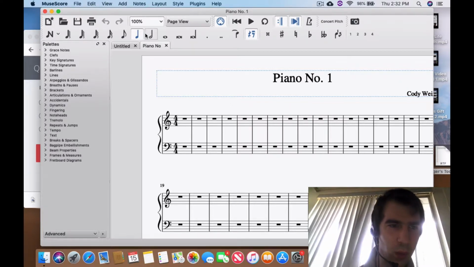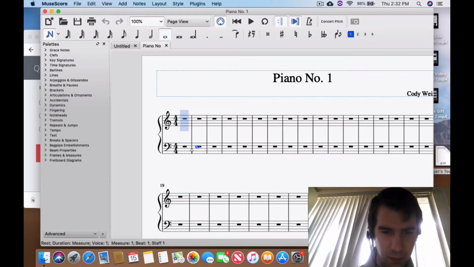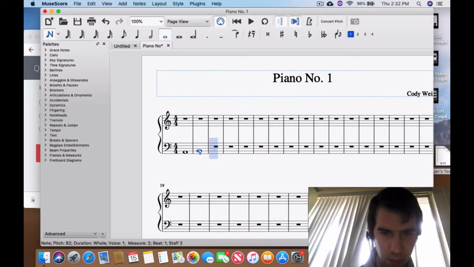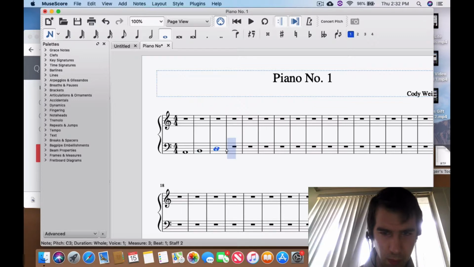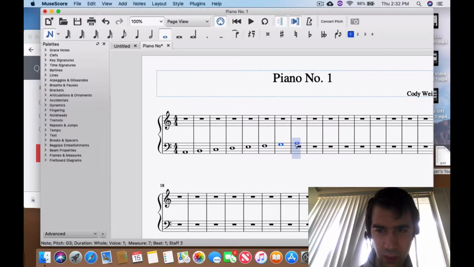And what I want to tell you is that all these notes from A on up, I'm just going to draw all of these. Then C is right here, but it's actually middle C between the treble and the bass clef.